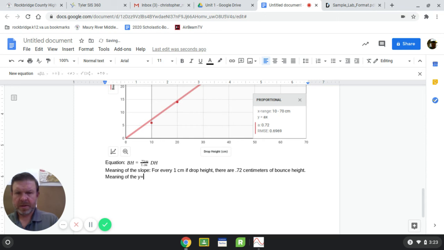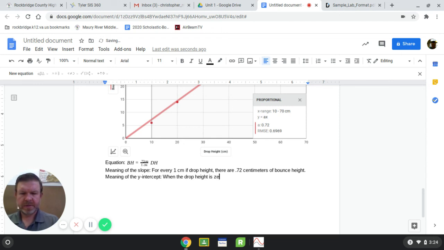The Y-Intercept. What is the meaning of the Y-Intercept? The Y-Intercept is, we're going to state it the same way every time. It's basically when there's 0 of this, it's how much of this you get. So the Y-Intercept is here.